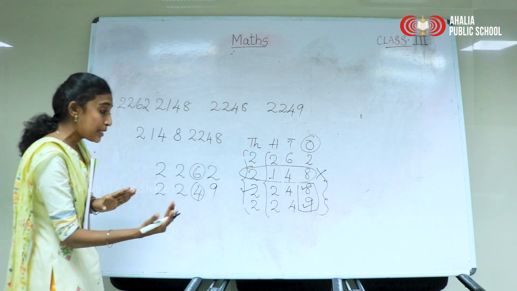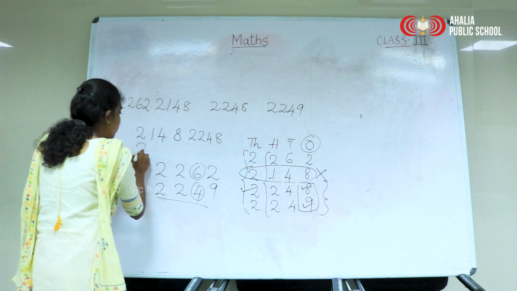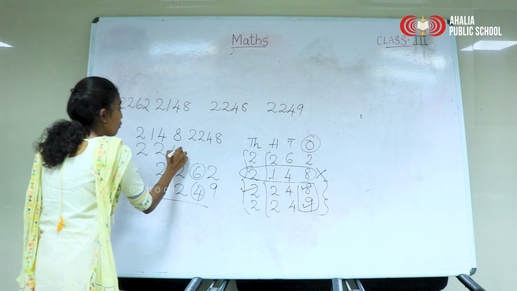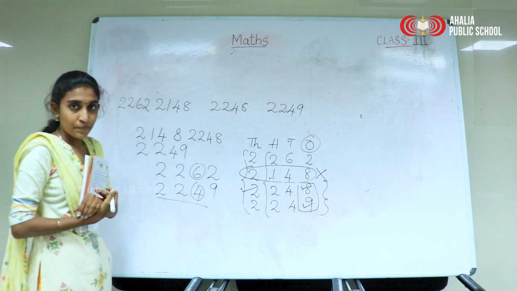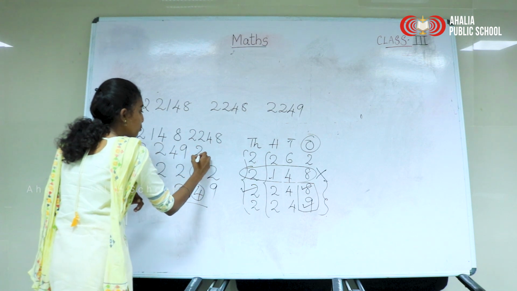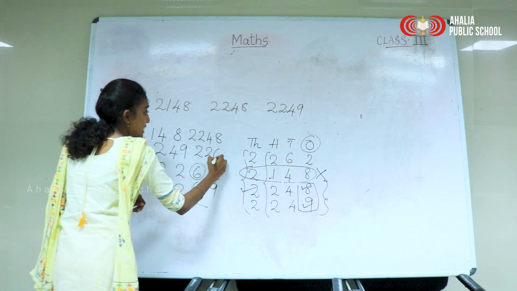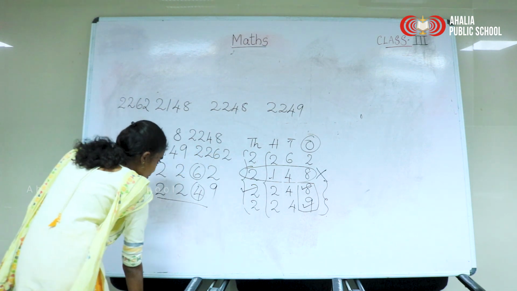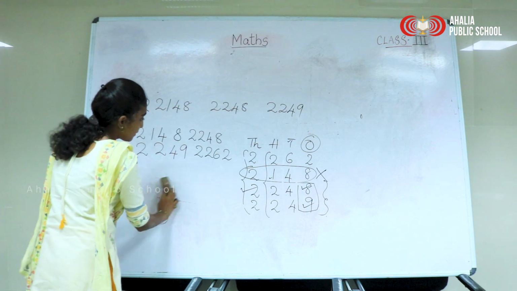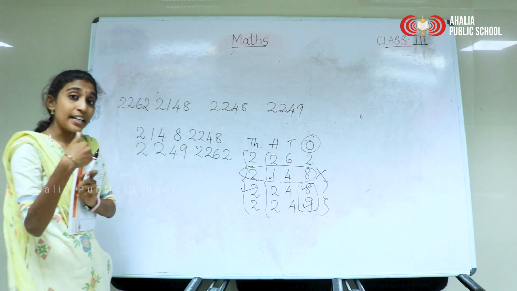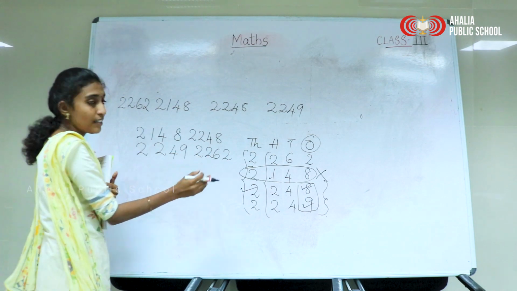So the next number will be, yes, 2249. Okay, and the last number is 2262. So this is the way we find the numbers and we arrange the numbers in ascending order.